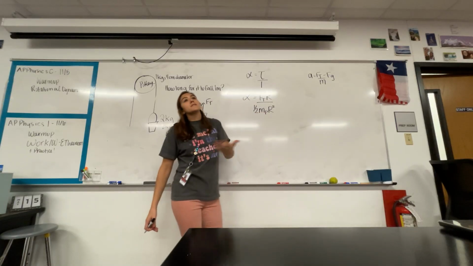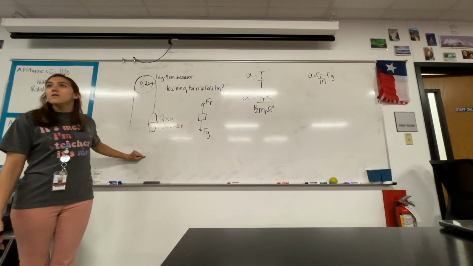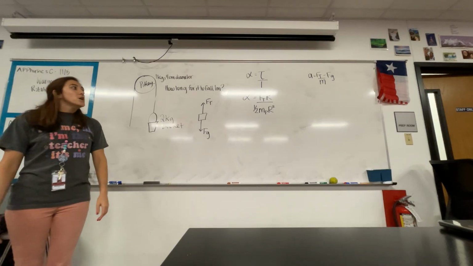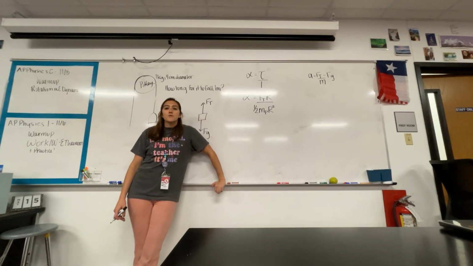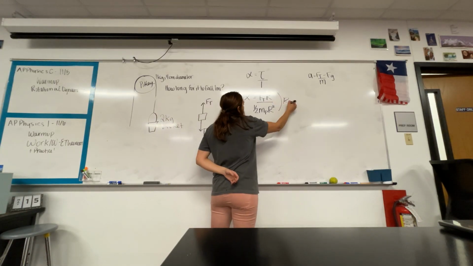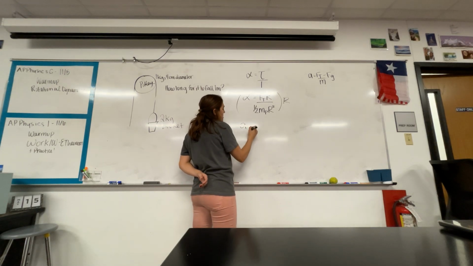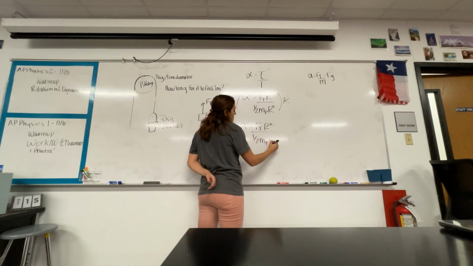Or at the very least, since I'm solving for tangential acceleration, how fast the bucket's going to fall, I'll at least be solving for that. So how do I convert angular acceleration into tangential acceleration? I multiply by r. I shall do that. So tangential acceleration is equal to Ft r squared over 1/2 mp r squared.